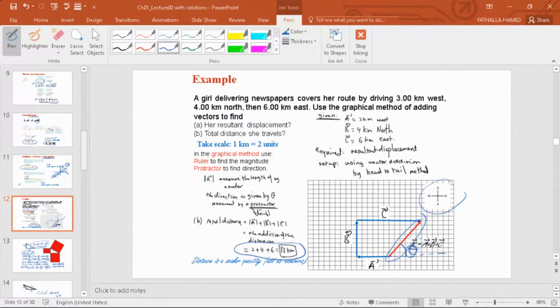Then 8 squares here, which is 4 kilometers. Then 12 squares here, which is 6 kilometers. Now, for this one here, you really have to measure that. You take a ruler and you measure this. And then you multiply by that scale.